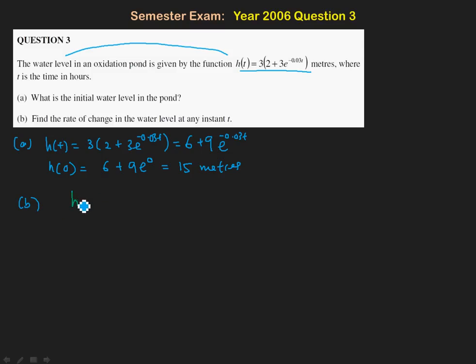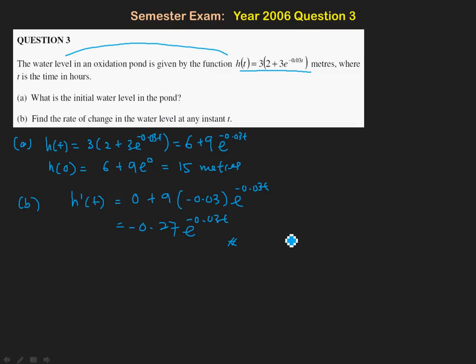Basically, they ask you to find h prime, and this is your h function, so h prime will be 0 plus 9, differentiating this, you get negative 0.03e to the power negative 0.003t, and you have negative 0.27 here. Isn't it nice?